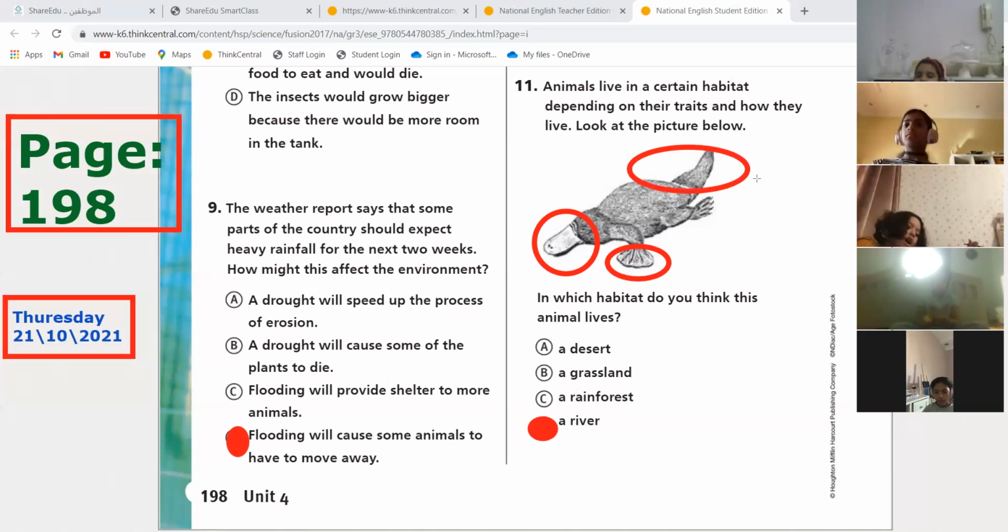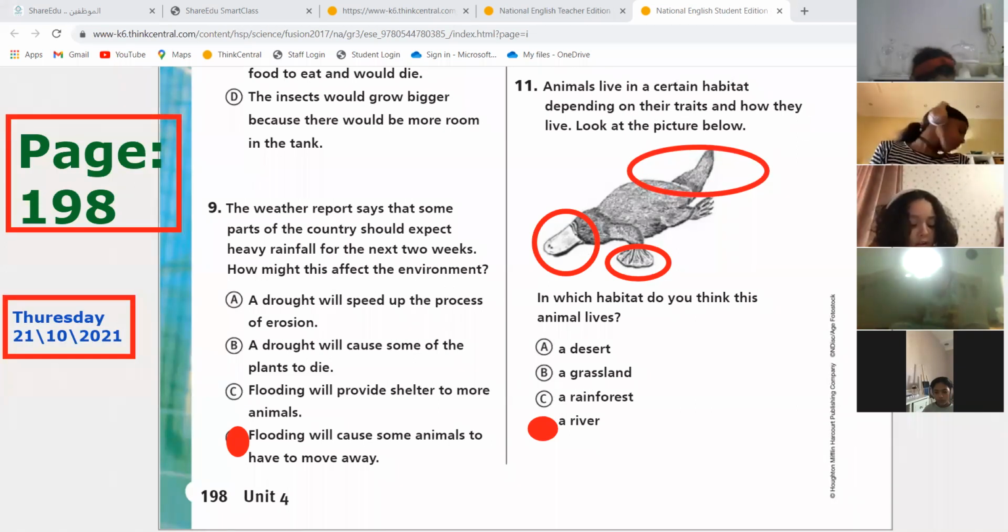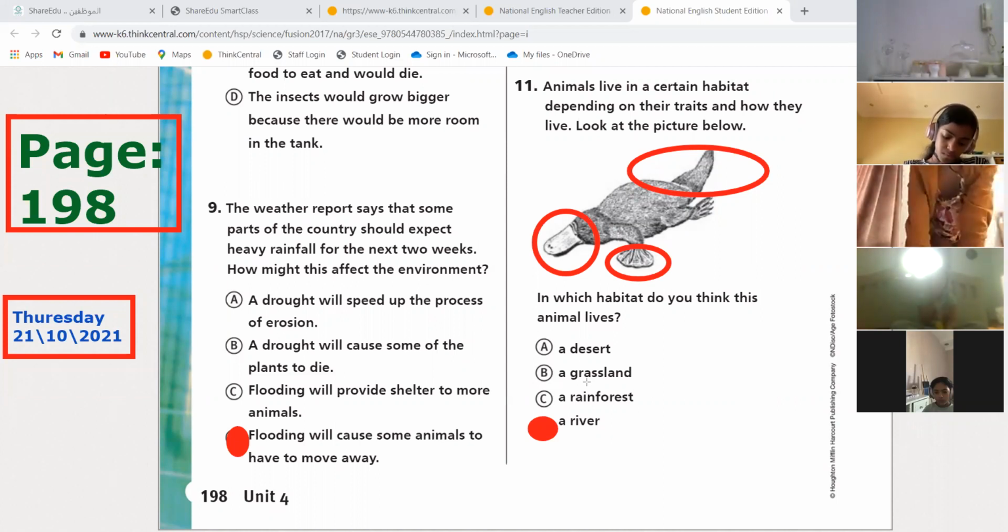Yes, also the tail. So all these traits help this animal to swim and live in water. So it doesn't live in a desert, no way in a grassland, never in a rainforest, river. Yes, it can live in a river. It has all the adaptations.